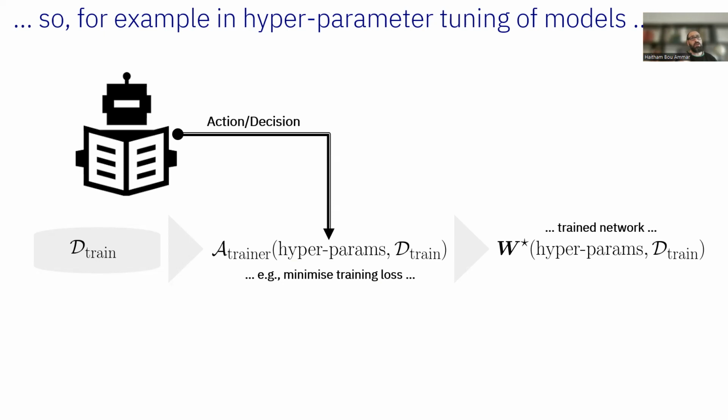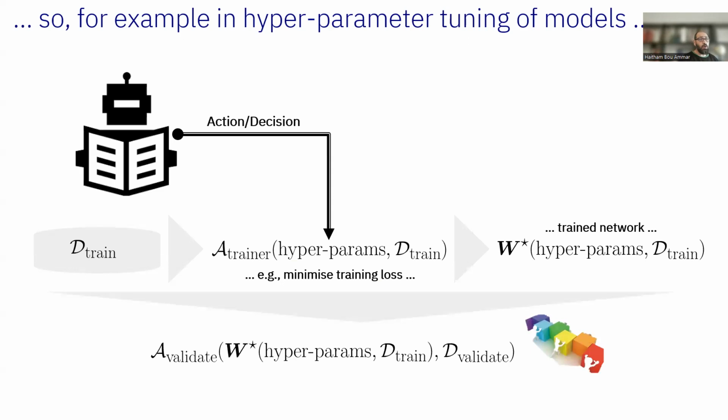Given that, what do we typically do next? What we do next is validate those W stars on a validation data set. We take those W stars that we have trained, in addition to a validation data set not seen during training, and then I validate my W stars by computing the specific validation loss.